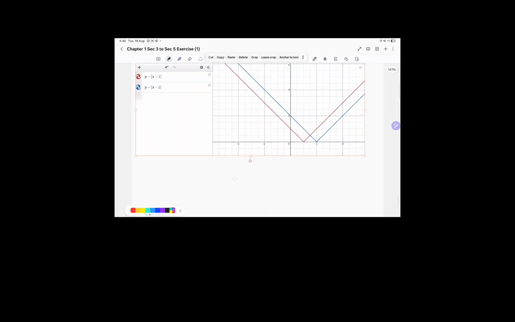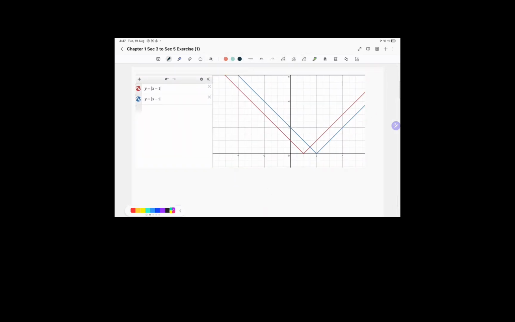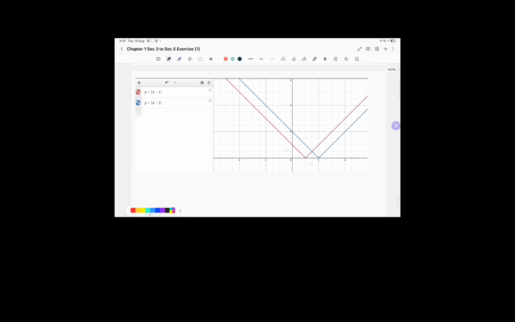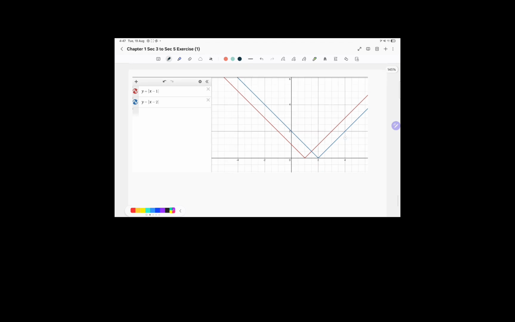If you don't want to split into 4 cases, you can sketch a graph of the two modulus linear functions on the same axis. Then we analyze from here. First of all, you have to know that this is x minus 2. Label all the expressions first.